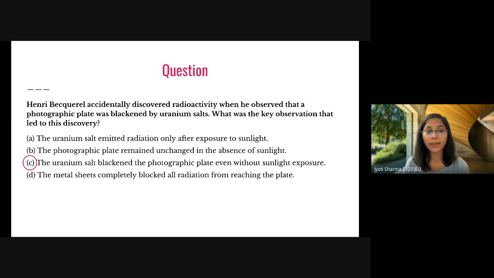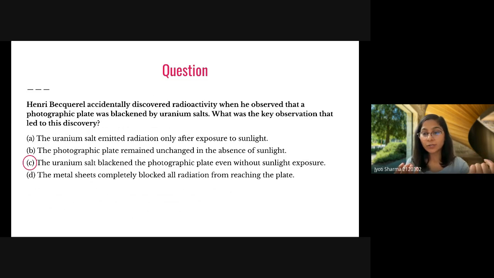Henri thought that if we have some element, cover it with an aluminium sheet, and block the sunlight, then until the sunlight gives rays to that element, the element will not emit radiation. But what he did was keep this element in a dark area, wrapped with the photographic plate. But what happened, because that uranium salt was radioactive in nature, it spontaneously emitted radiation.